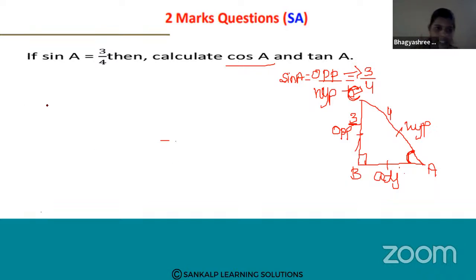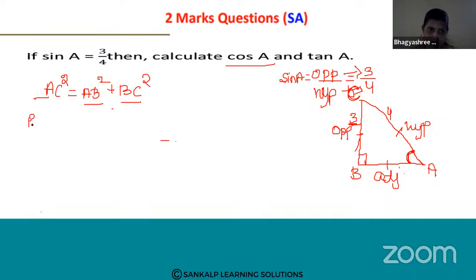How to calculate the adjacent side? See, this is a right angle triangle, and we know the value of two sides. Then we can use the Pythagoras theorem, right? So according to Pythagoras theorem, AC square is equal to AB square plus BC square. We know the value of AC and we know the value of BC, but we don't know AB.